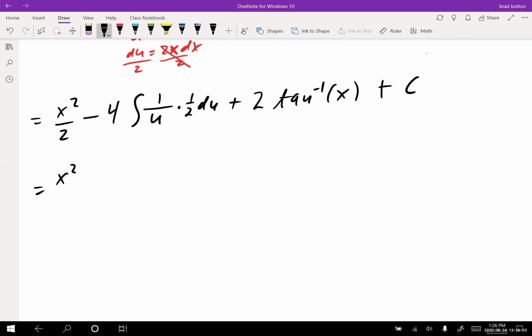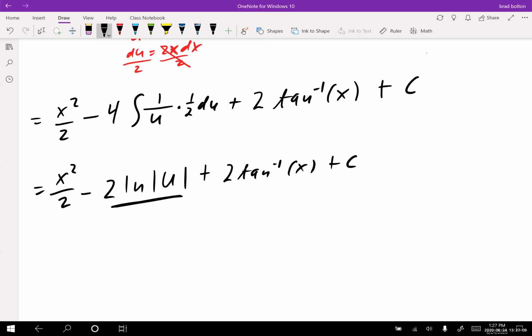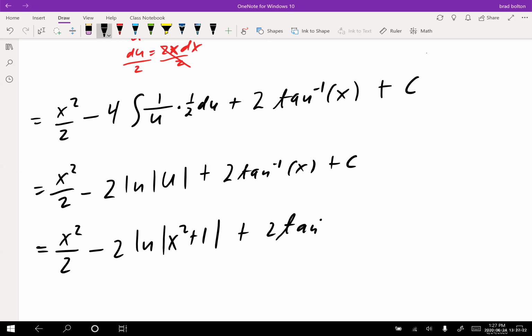So this will be x squared over 2 minus 2 ln of the absolute value of u plus 2 tan inverse. And you guys could probably combine a few steps here. I probably should have been able to do this in my head from the beginning, but I'm just trying to show all my work. So this will become minus 2 natural log of x squared plus 1 plus 2 tan inverse x plus c.